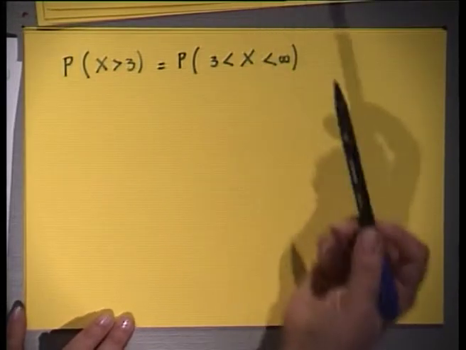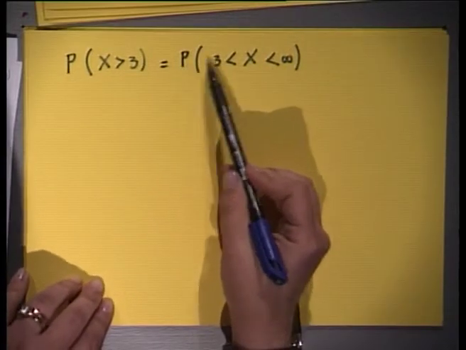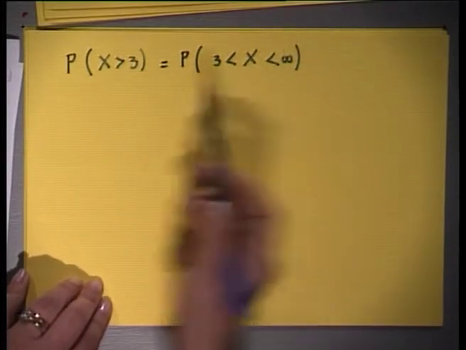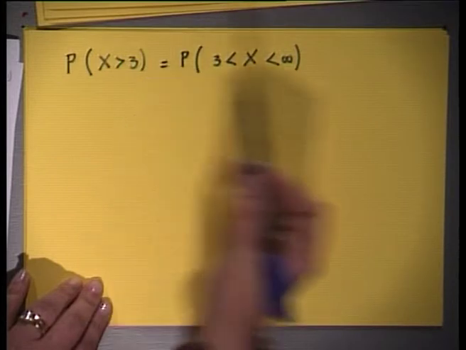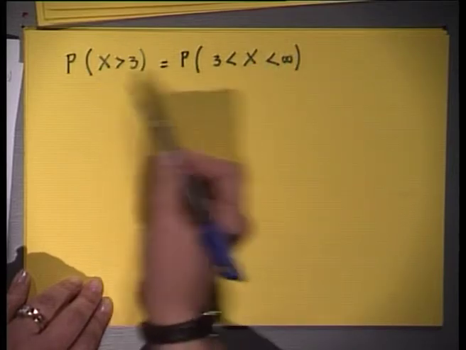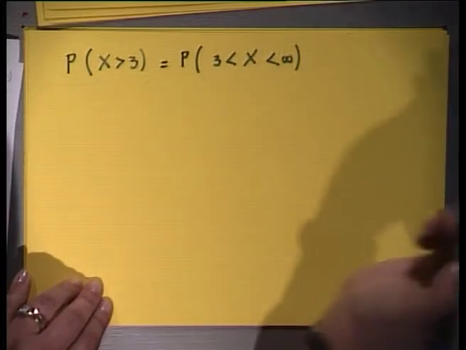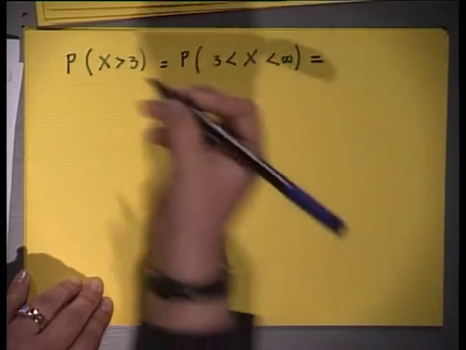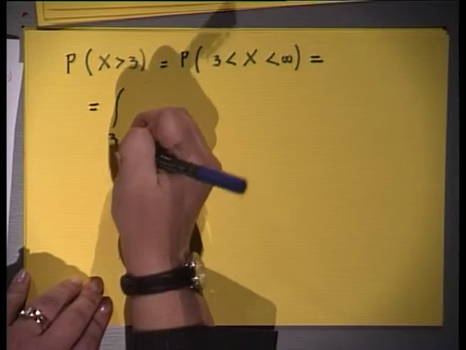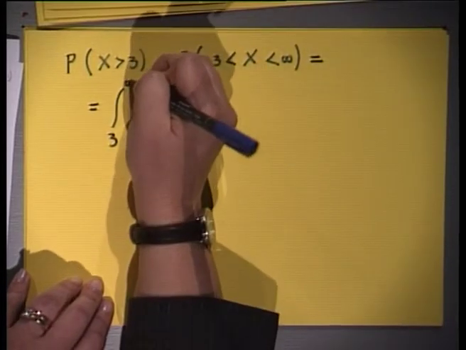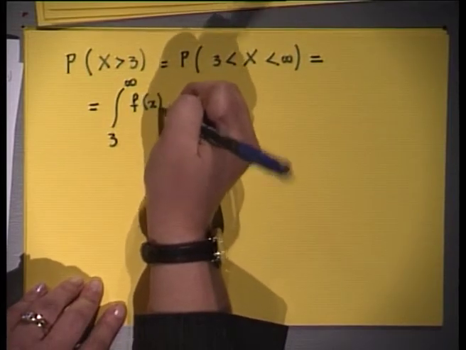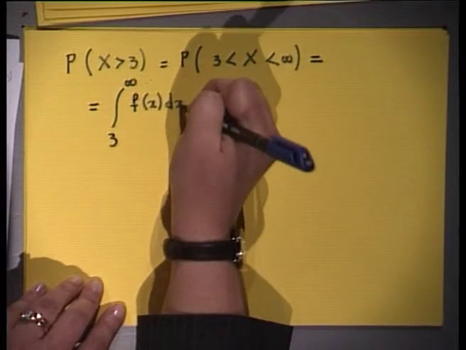Most of the times when we have to calculate probabilities like this for continuous random variables, it's better to write it like this. We leave out this part. This part is meant in here. So this will be equal, again, 3 to infinity of f of x dx.